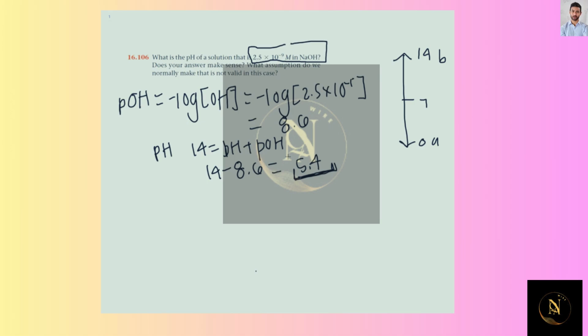We have 2.5 times 10 to the negative 9 molar NaOH, and so we are in a bunch of water. We need to find our concentration of hydroxide by adding the hydroxide from water with the hydroxide from the NaOH, and that's because it is very dilute.